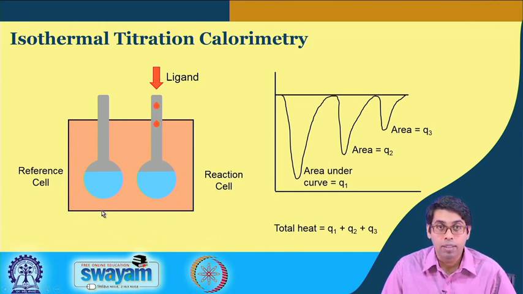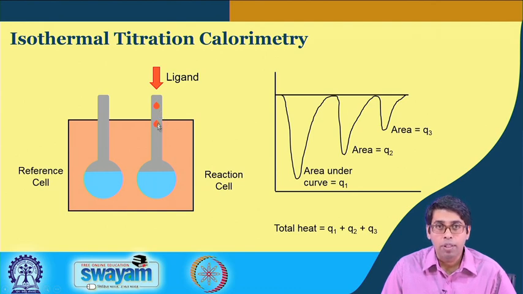This is a reference cell where you have your protein in its buffer and you do not do anything here, and you have an exactly similar chamber here where you have the exact same protein in the exact same buffer, but in this case you keep on adding the ligand and measure the heat that is evolved or absorbed in each titration point, and that is done by subtracting the change in heat between these two reaction vessels. So, there is the reference cell and this is the reaction cell.